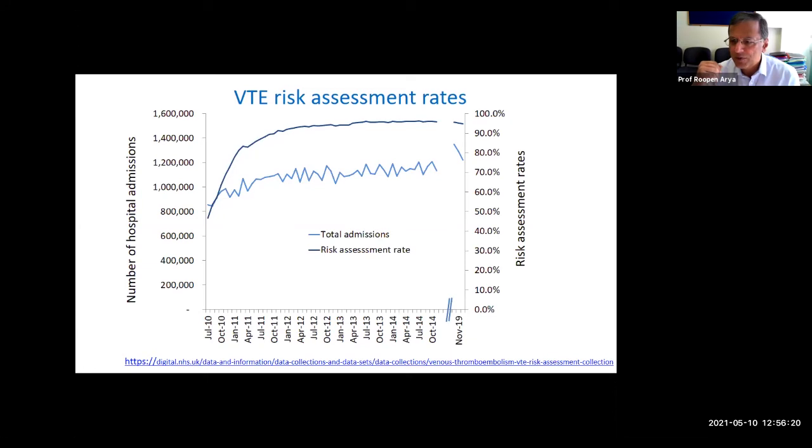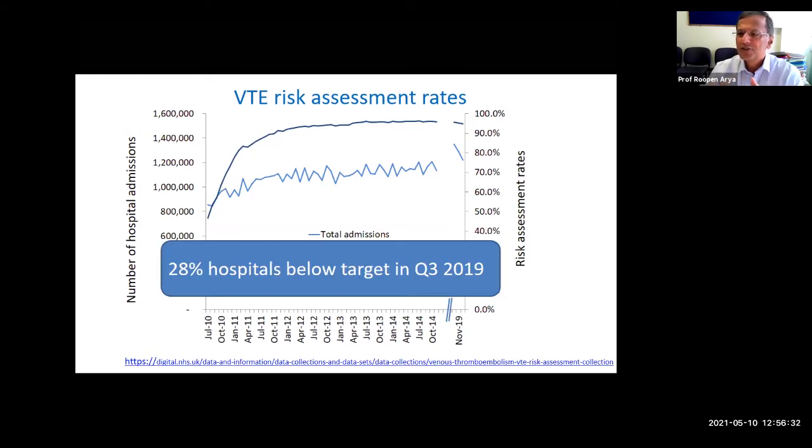But throughout this time, we were unaware of the quality of the risk assessment or whether patients got thromboprophylaxis as appropriate. And it became apparent a couple of years ago that standards were also slipping and that many hospitals were unable to reach the target in 2019.